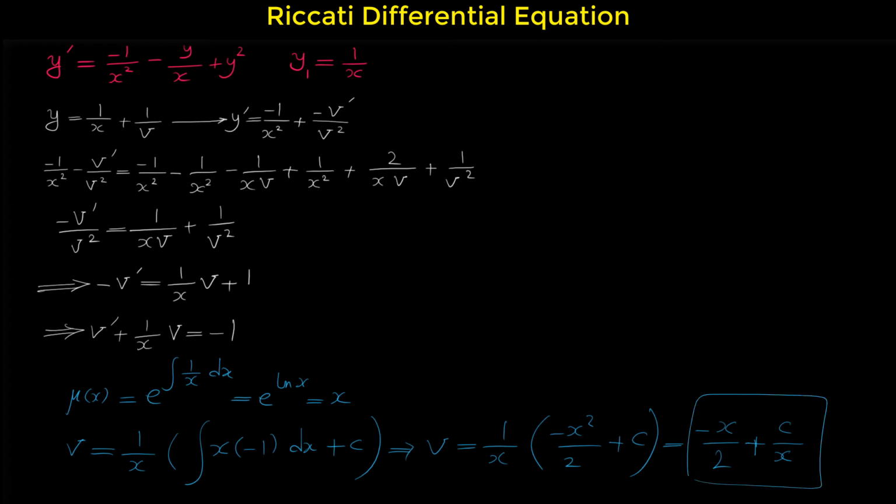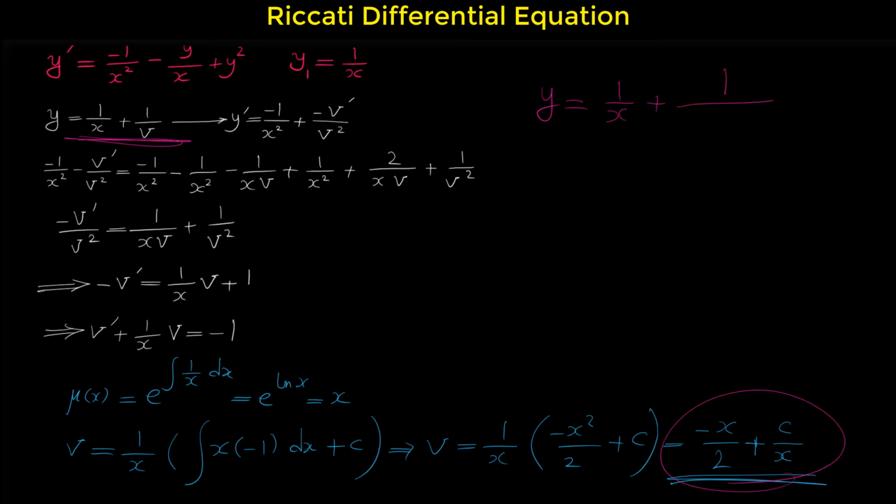So now we find v. If we replace this here, our general solution is y equals 1 over x plus 1 over this, negative x over 2 plus c over x.